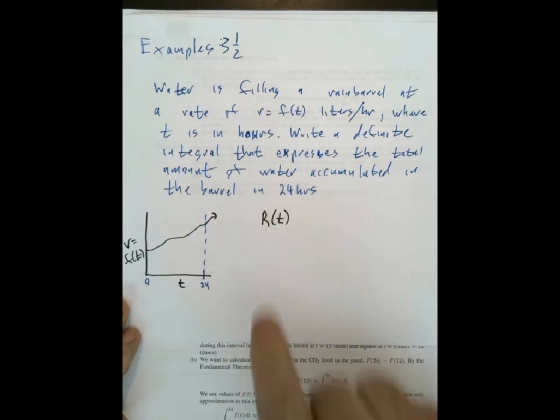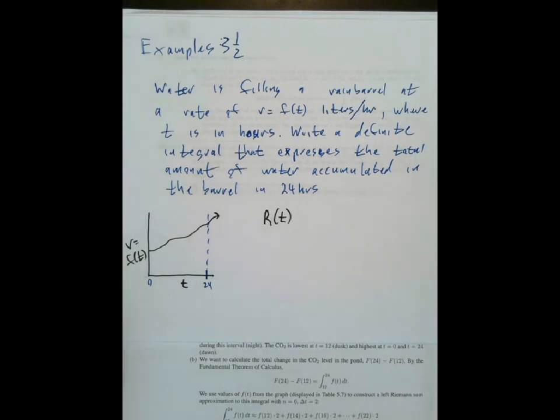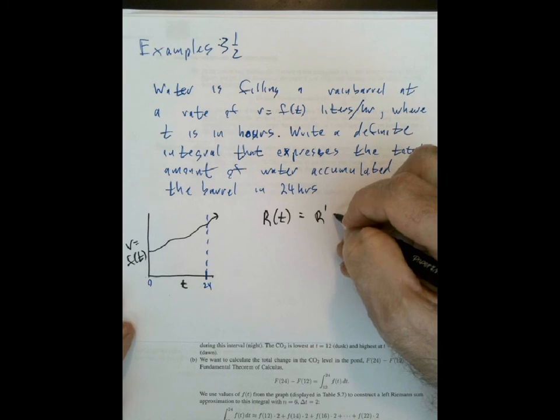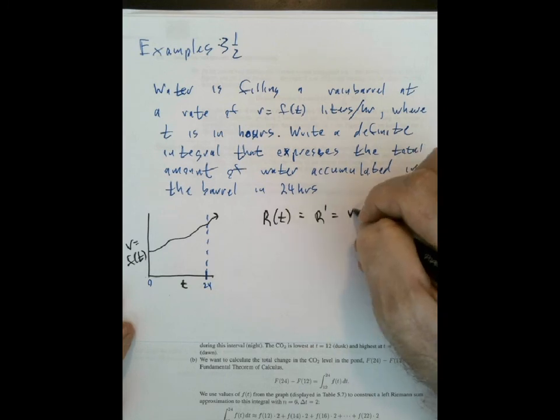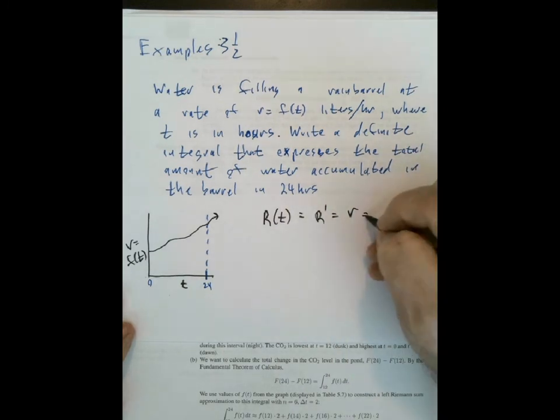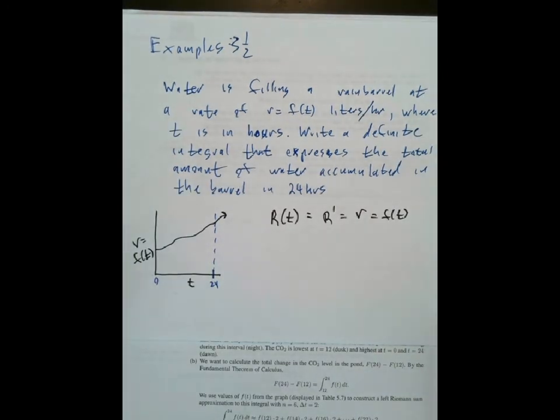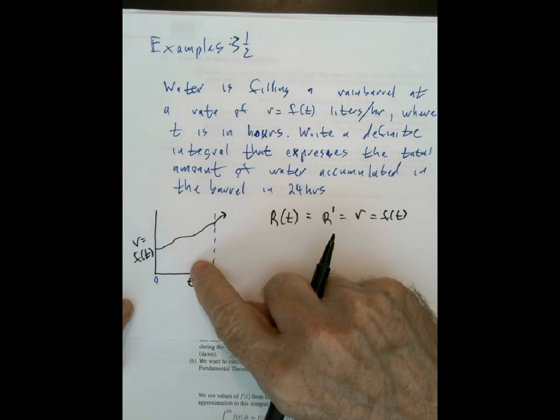And we know that R prime is equal to little r, which is f of t.